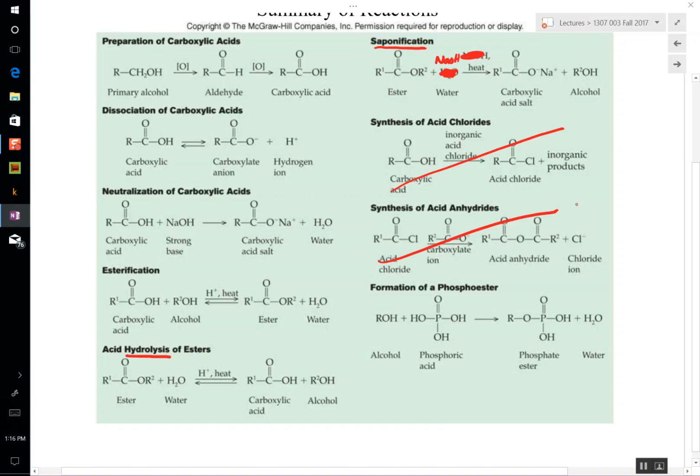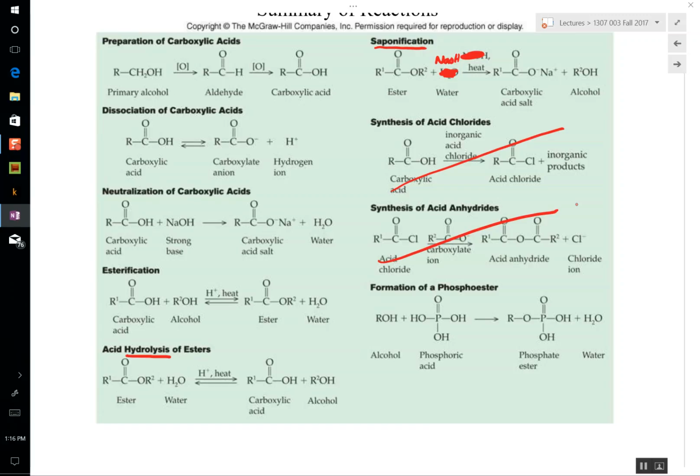These two are legitimate reactions. Those of you in 1107 were exposed to this week, where the Lucas reagent, zinc chloride plus hydrochloric acid, was a reaction that would convert a carboxylic acid into an acid chloride.